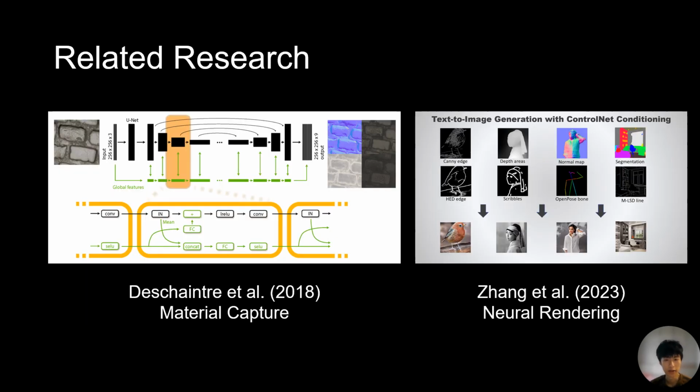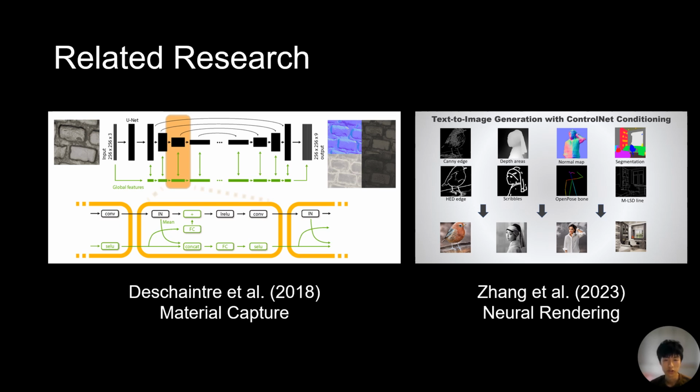I started my survey and found that advances in the field of neural rendering and material capture could assist us in designing a novel rendering pipeline that enables us to quickly capture material and create rendering previews. Two works mentioned here are Deschaintre's work in 2018, which utilized an encoder and decoder architecture to capture BRDF decompositions from a single image.